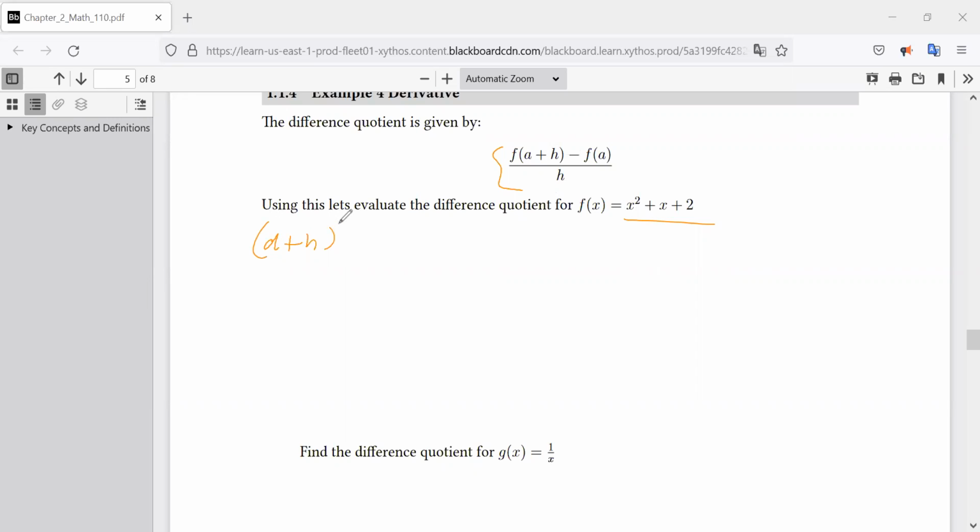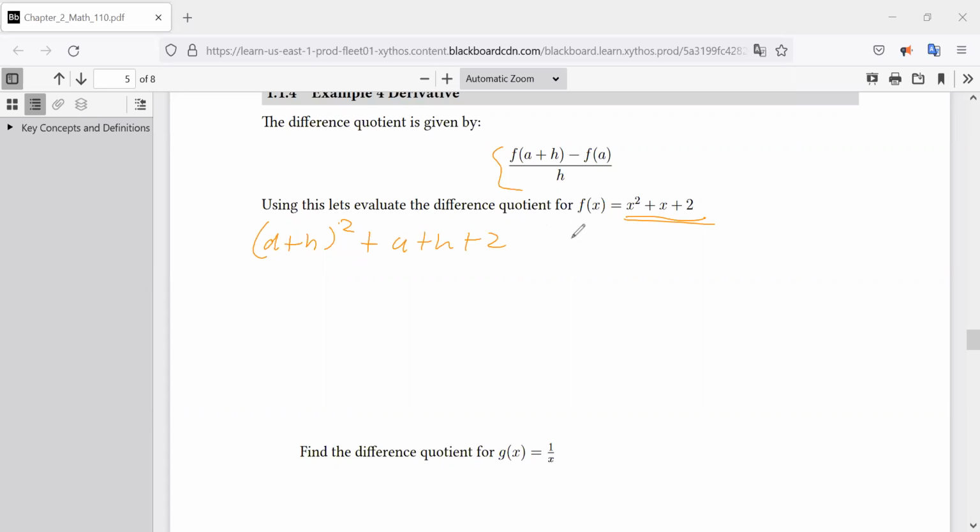Would it be a plus h squared plus a plus h plus 2?